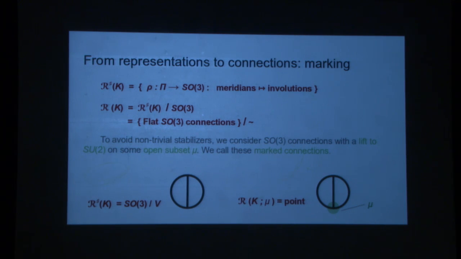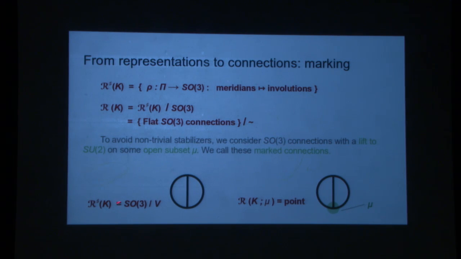But the device to do this while staying in the world of SO3 connections is the following. So we're going to introduce extra data in 2 steps. And one of the bits of extra data we're going to bring in is, I'll call it a marking. Given a graph K like this, we can consider R sharp of K, this representation variety.